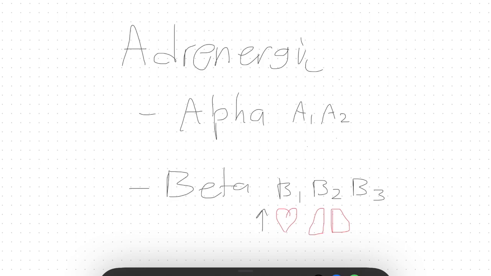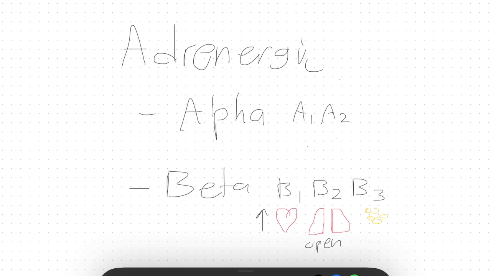Beta 2 receptors are found in the bronchioles and blood vessels, leading to bronchodilation, allowing for more oxygen to be pulled into the lungs, and vasodilation. Beta 3 receptors are involved in fat breakdown.